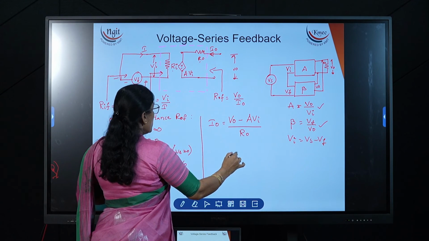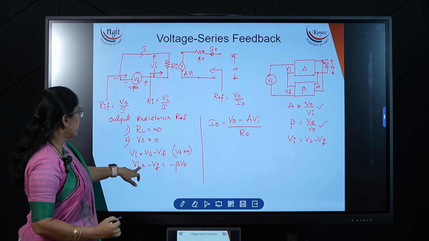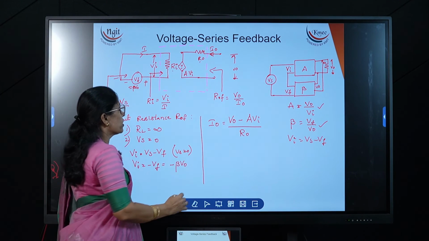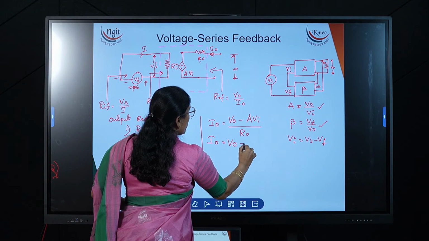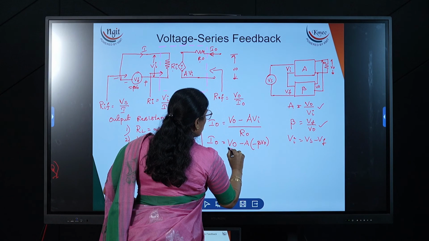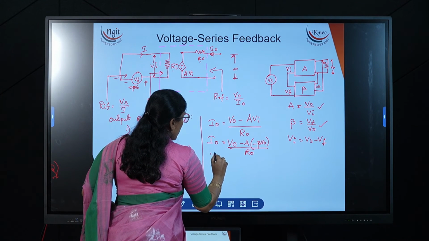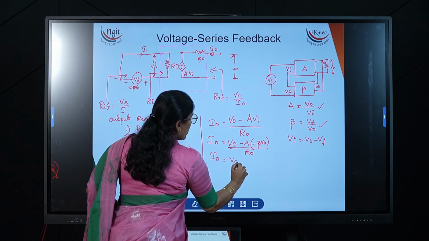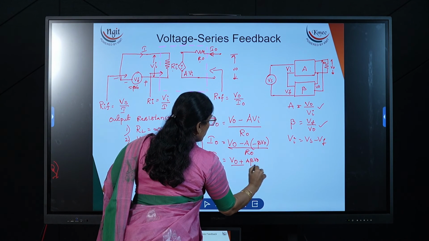Now in this, Vi is equal to, what can we write? Minus beta V naught. So now I naught is equal to V naught minus A times minus beta V naught, divided by R naught. If I rewrite this expression, I'll get I naught is equal to V naught plus A beta V naught divided by R naught.